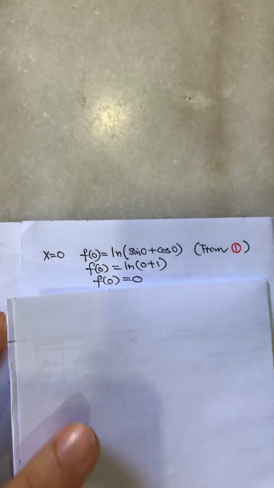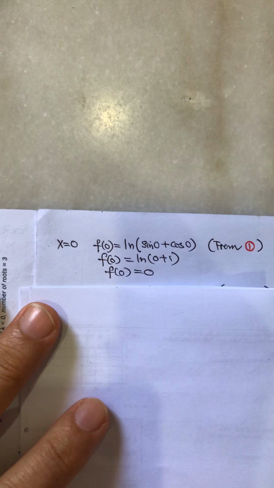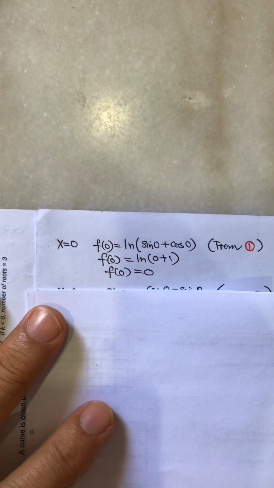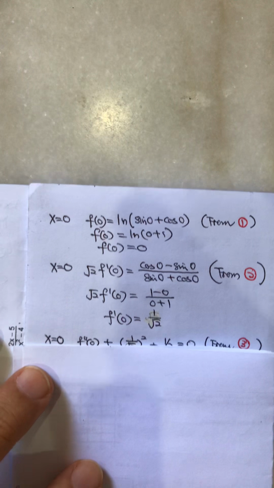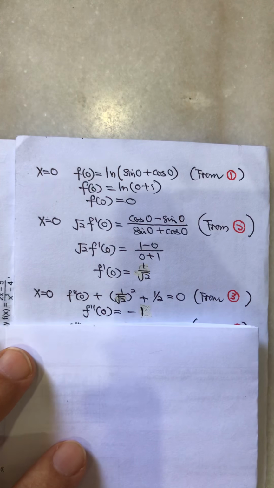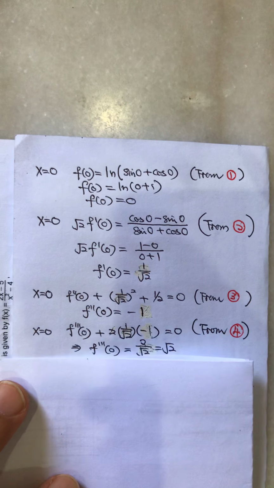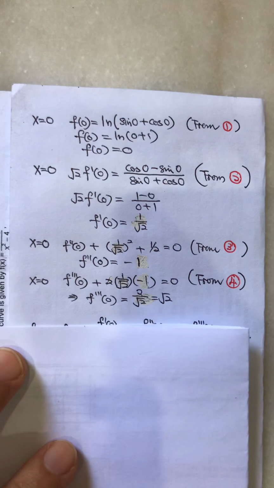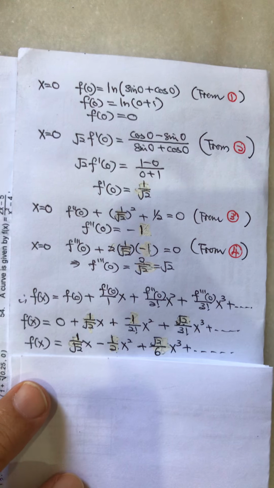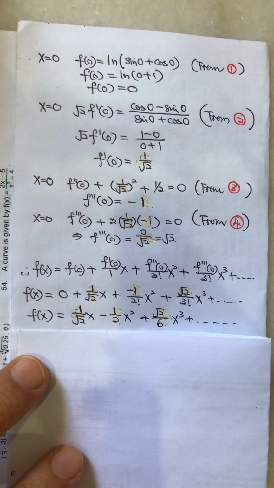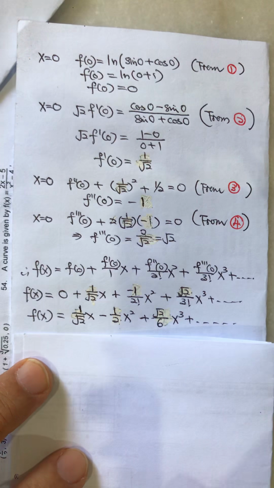So here I substitute x equal to 0, so I just substitute. From 2, you can just refer back: what is number 2, what is number 3, what is number 4? So this is all what I will get. Then I just substitute inside the Maclaurin theorem, so that finally I get this.